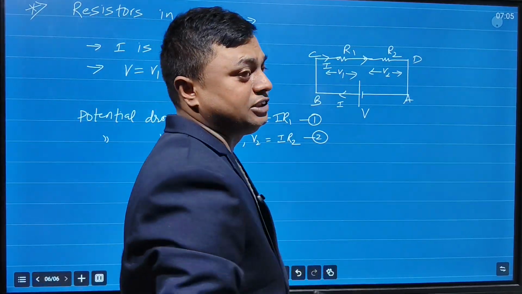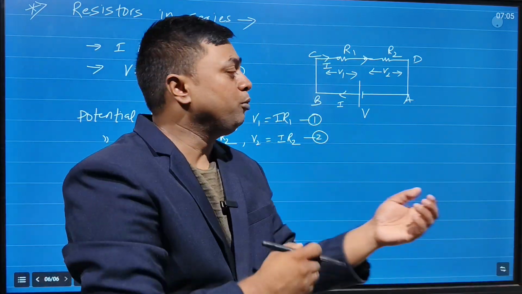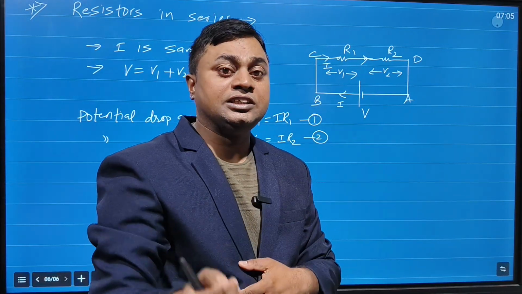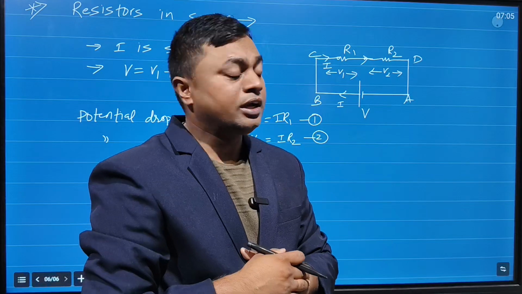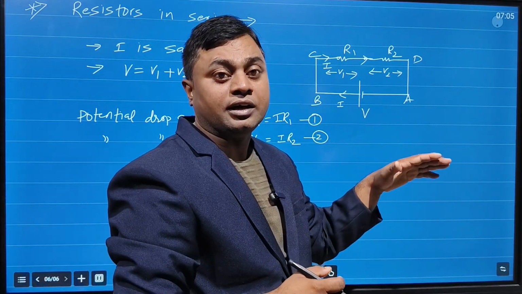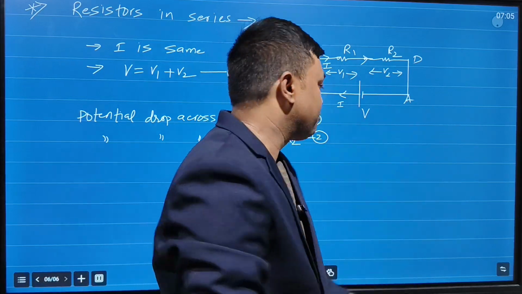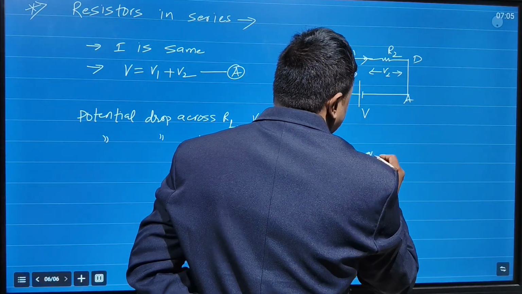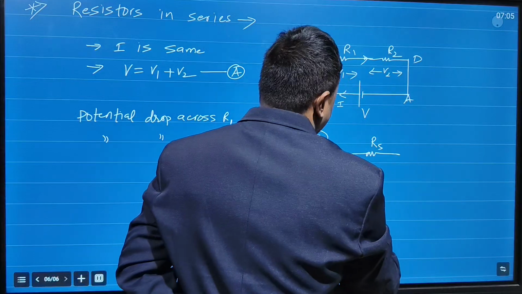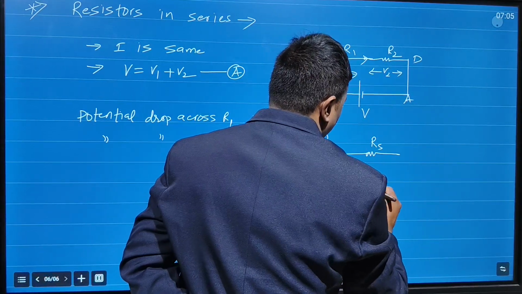Now I want the equivalent resistance. What do you mean by equivalent resistance? Equivalent resistance is that value of resistance which will produce the same effect as produced by the 2 resistors in series. So here I have taken an equivalent resistance RS connected to the same cell of V volt.